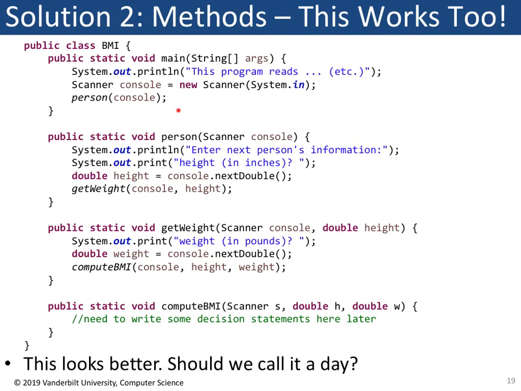When we call person, we have to have getWeight and computeBMI, because person relies on those two as well. So even though this involves methods, it's sequential and it doesn't resolve the issue of readability at all.